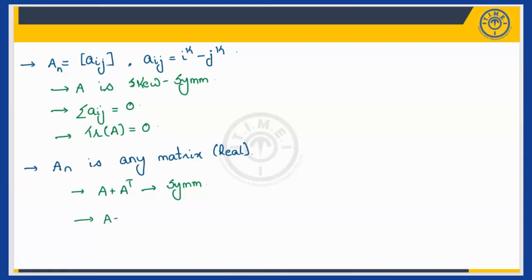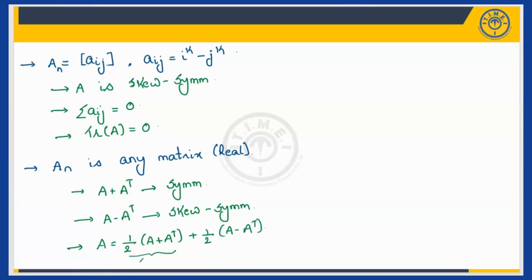And A minus A transpose is always a skew symmetric matrix. And every matrix can be uniquely expressed as 1 by 2 times A plus A transpose plus 1 by 2 times A minus A transpose, where 1 by 2 into A plus A transpose is symmetric and 1 by 2 times A minus A transpose is skew symmetric.